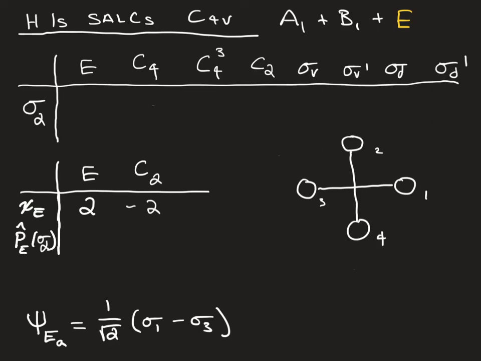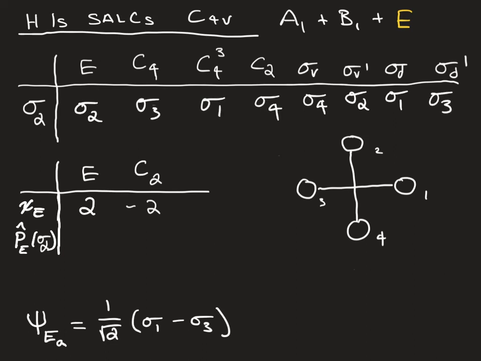So doing an E, it remains sigma-2, C4, sigma-3, C4 cubed, sigma-1, C2, sigma-4, sigma-v, sigma-4, sigma-v prime, sigma-2, sigma-d, sigma-1, sigma-d prime, sigma-3.